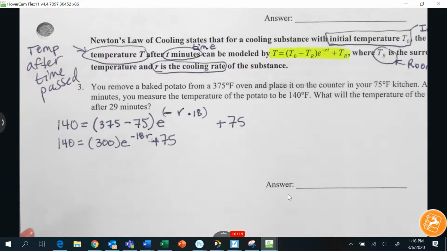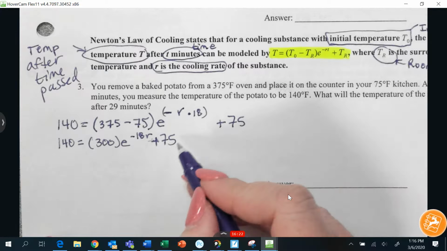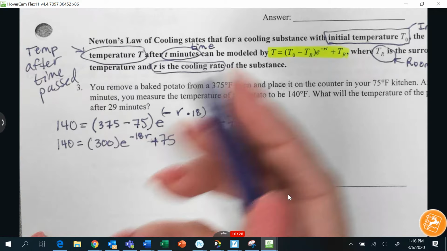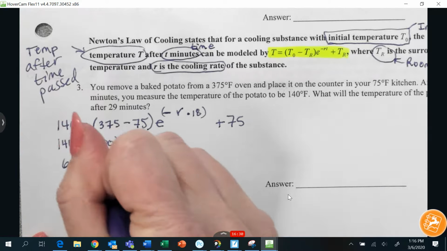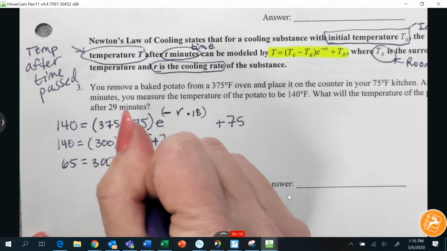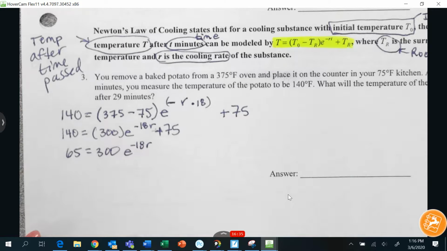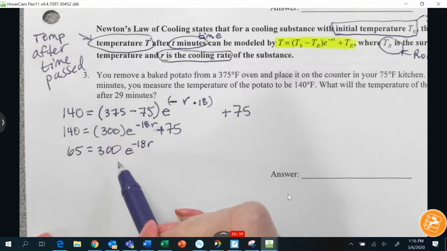Next thing I'm going to do is subtract 75 from both sides. So 140, take away 75. See, I'm using my calculator to make this go faster. 65 equals 300 e to the negative 18r. Trying to get r by itself, we're going to divide by 300 next.